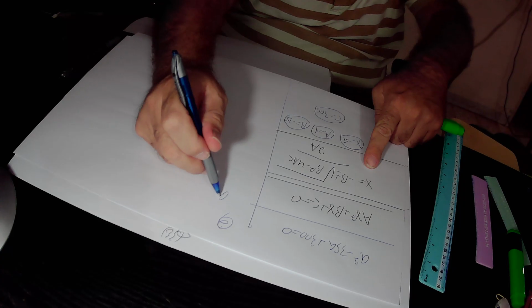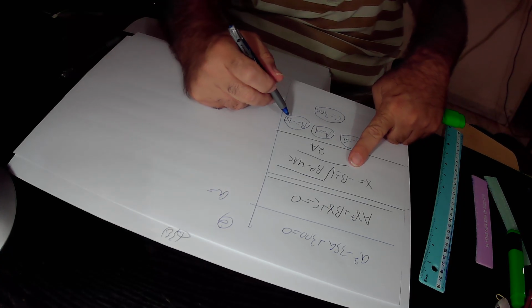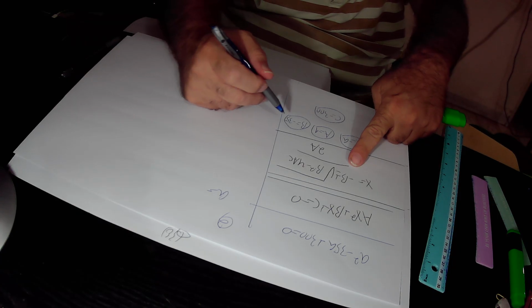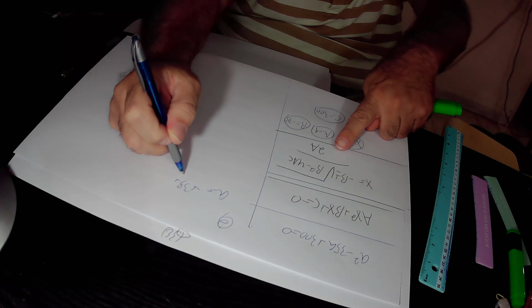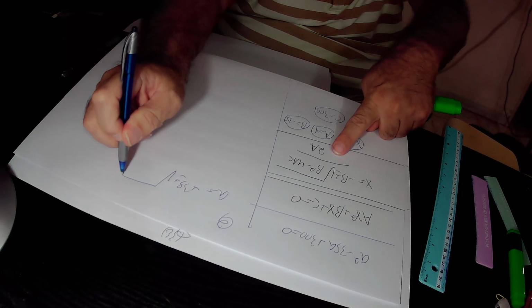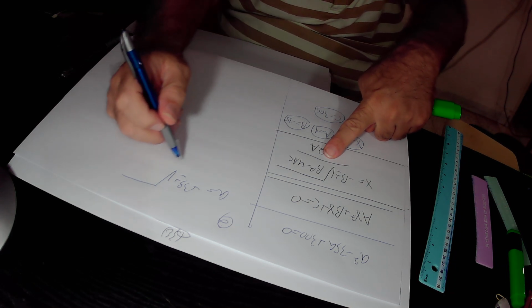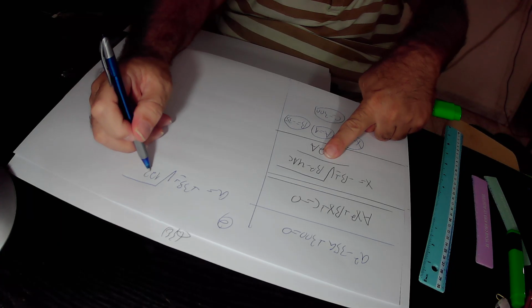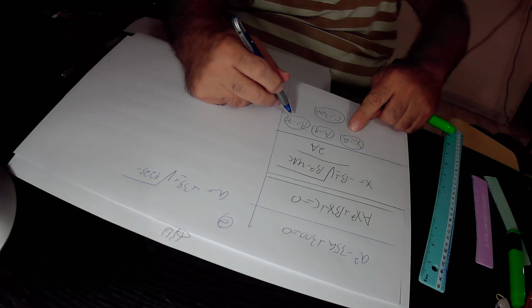We get that a equals minus b. b is minus 35, therefore minus b is minus minus 35, that is plus 35. Plus minus the square root of b squared. b is minus 35, therefore b squared is minus 35 squared, that is 1225, minus 4 times a times c.